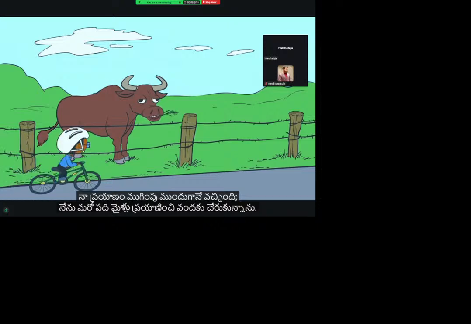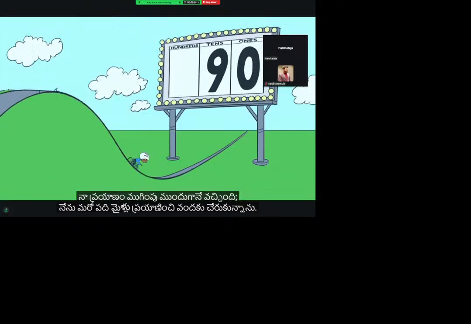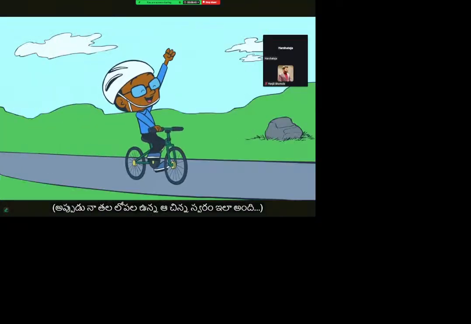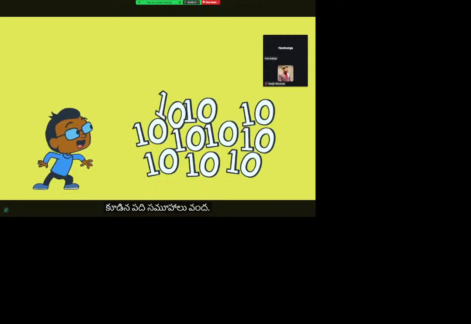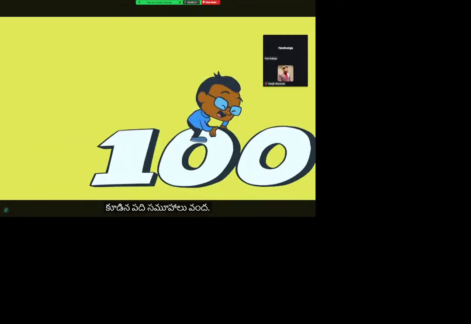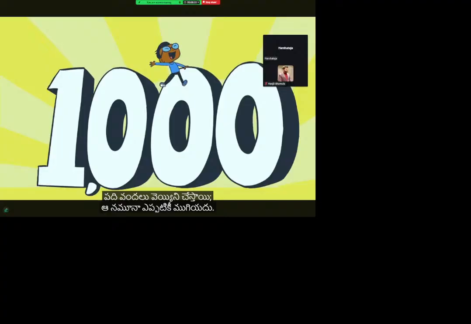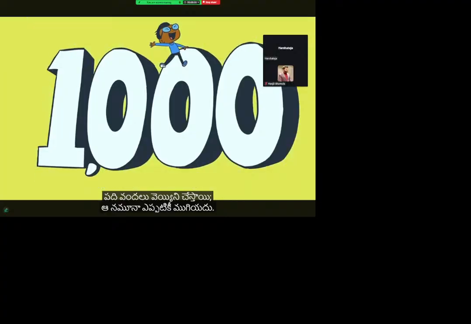I rode 10 more miles and reached 100. Then that little voice said, 10 ones make 10. 10 groups of 10 are 100. 10 hundreds make 1,000. The pattern never ends.